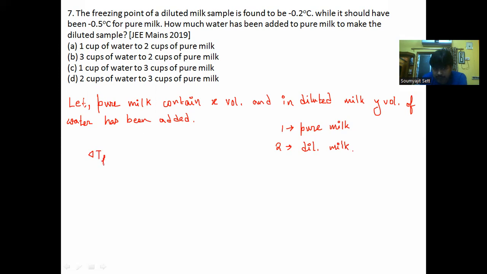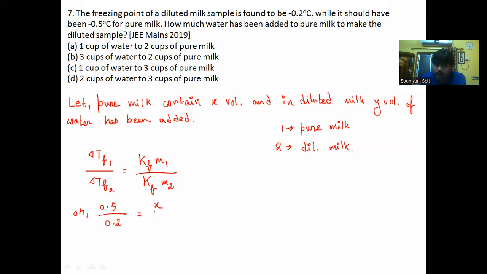So we can write delta Tf1 by delta Tf2 is equal to nothing but Kf m1 by Kf m2. We know delta Tf1 is 0.5, delta Tf2 is 0.2, and m1, that is the pure milk, is X. Why have I taken X?